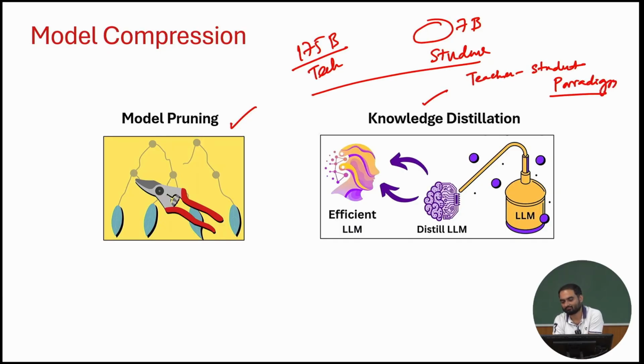By default, we know that this teacher model, since it's a big model, knows many things better than a student model. In a classroom setup, you can think of a teacher, right? The assumption is that the teacher knows better than the student. Sometimes this assumption may not hold, but in general that's the assumption.